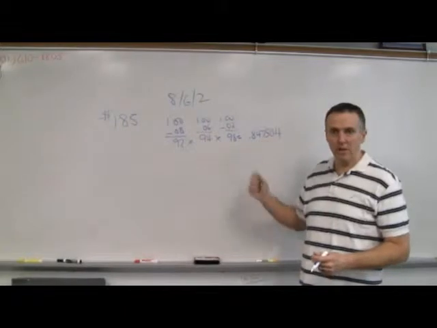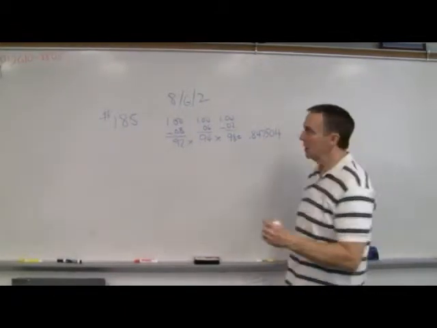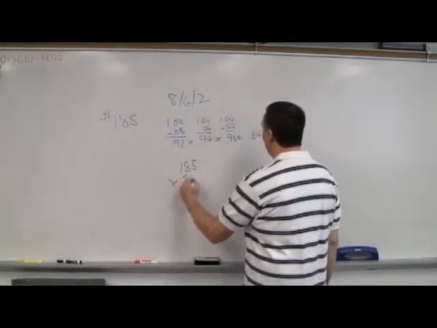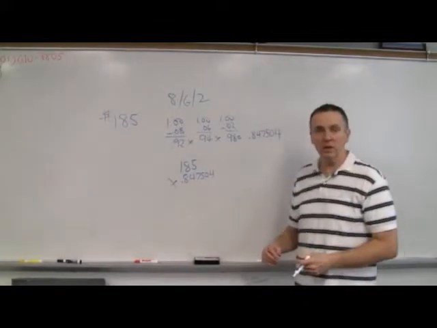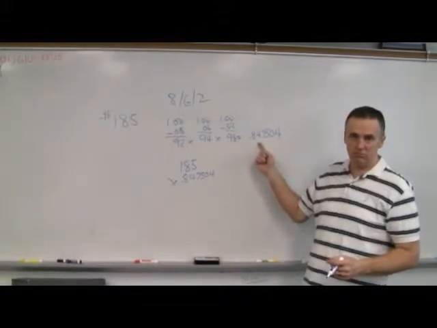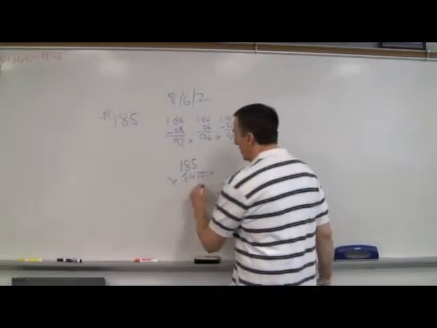In order to find out what we actually pay for it as a store, we take $185 times 0.847504. Now, just so you know, generally speaking, we don't round this number. We do it exact, and then we come up with the answer.